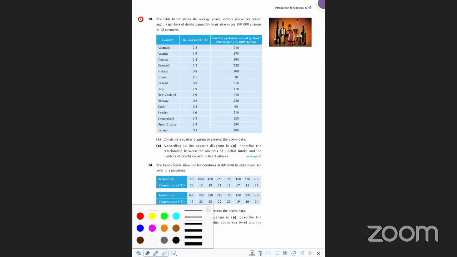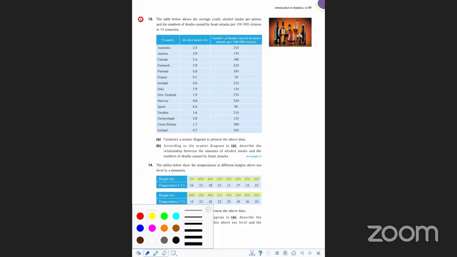There are two tables, but they are just showing the same kind of data, but your book is not big enough. Therefore, the data are separated into two tables like that. This one will represent the height, and the other row represents the temperature, and altogether 1, 2, 3, 4, 5, 6, 7, 8.